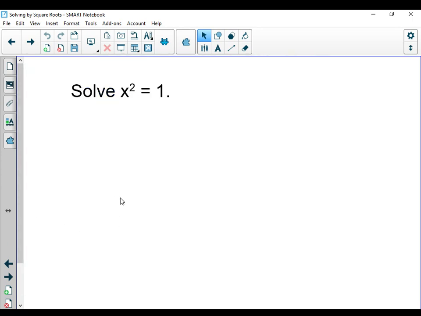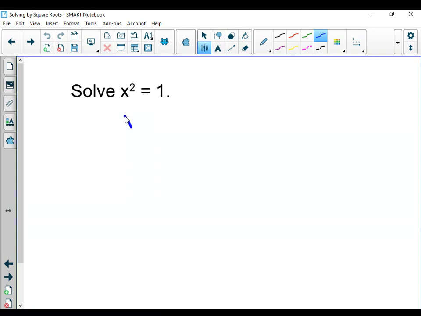So, without knowing anything, go ahead and tell me what x equals on your paper. So what does x equal? 1.